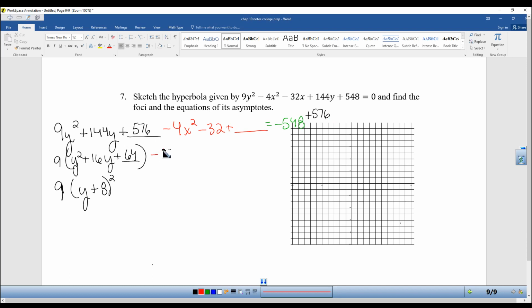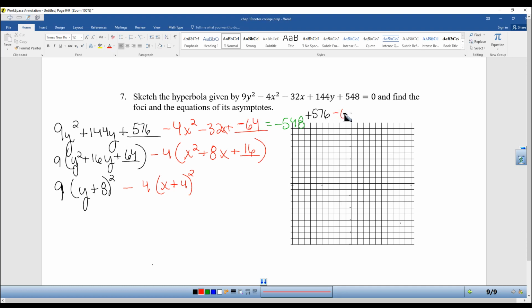And then for this one, I'm going to take out the 4x squared. I'm taking out the negative 4, so this is actually going to become positive 8x plus blank. And that gives me, cutting the 8 in half, is 4 squared 16. Negative 4 times 16 is negative 64.